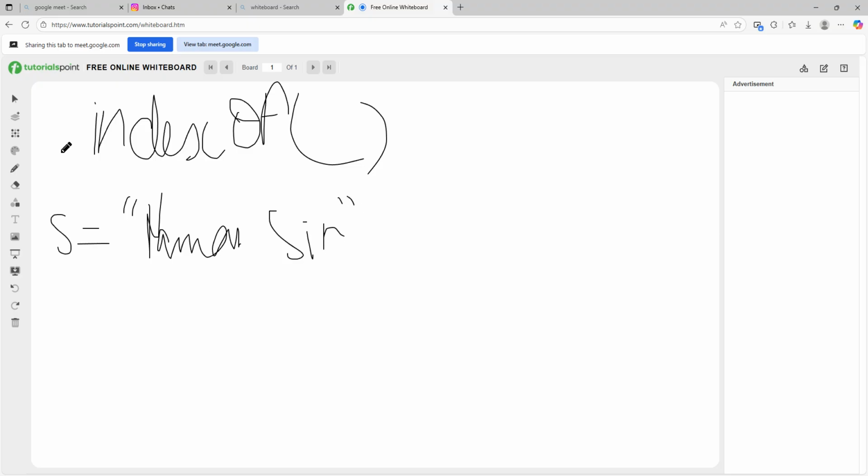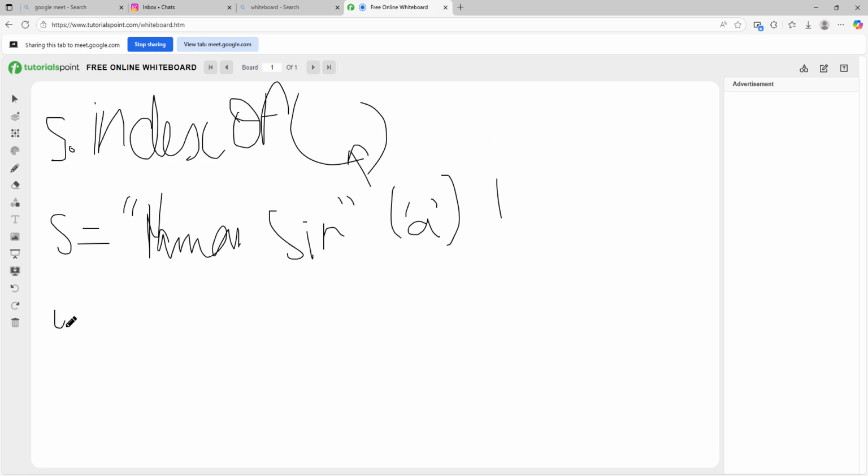If I use this s indexOf method and inside the bracket I put the character A, it will check from the starting and count. This is index position 0, this is index position 1, and it found an A at index position 1. So this will return 1.